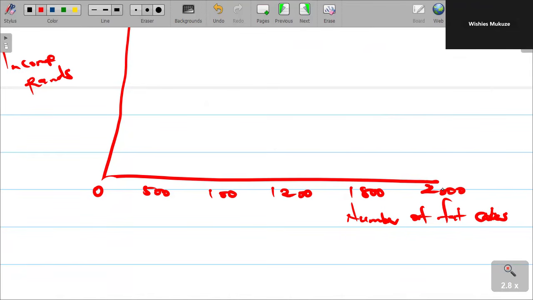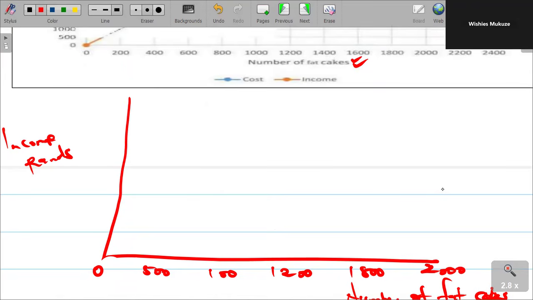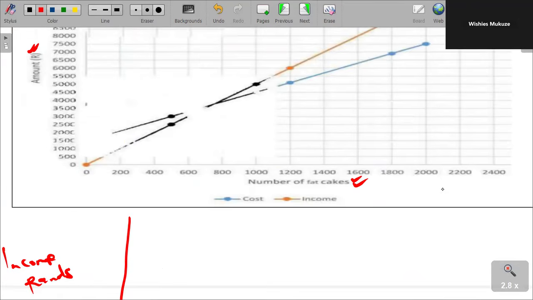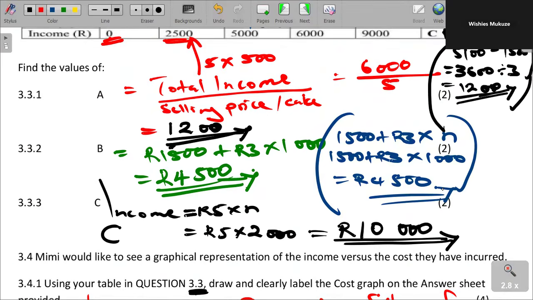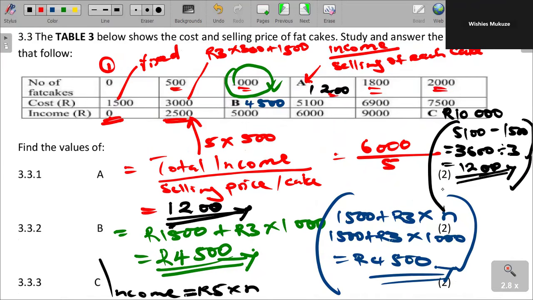So what I'm saying, class, is that as we have said before, as you draw these graphs, it is income versus cost. Our cost has 7.5 as the highest amount.